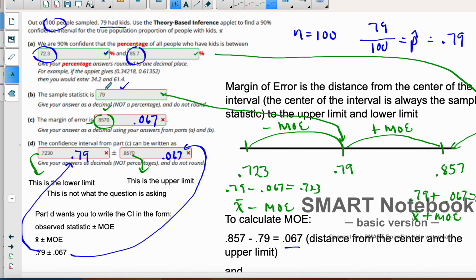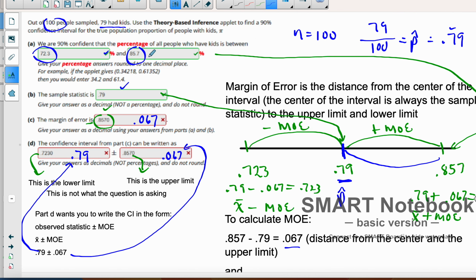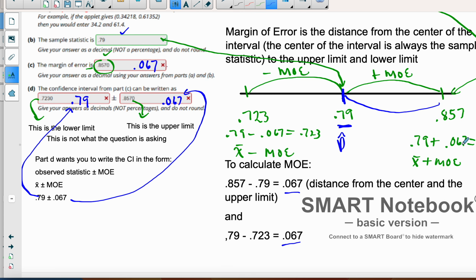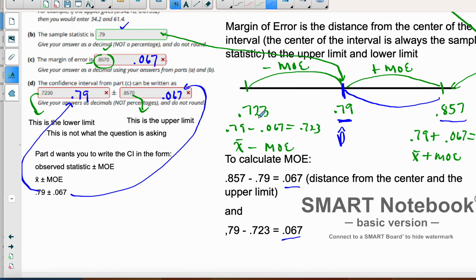They wanted it as a decimal. You got that correct. The margin of error. So again, let's draw a little number line if that helps to begin with. The margin of error is representing the distance from the center, which is the statistic, the p hat, to the upper end of the range, 0.857, or to the lower end of the range, 0.723.